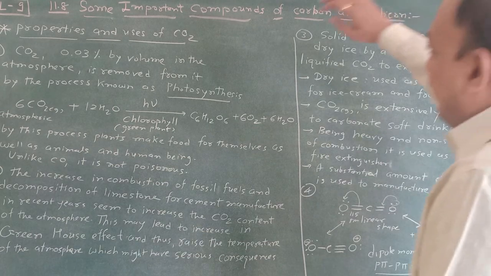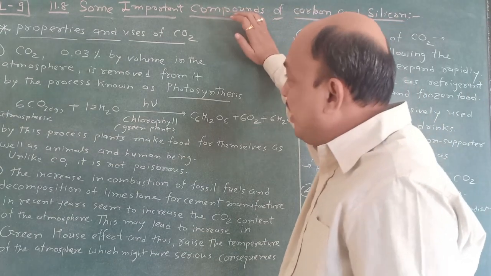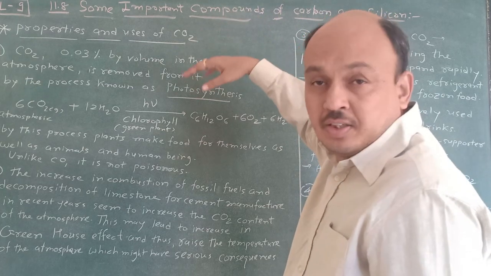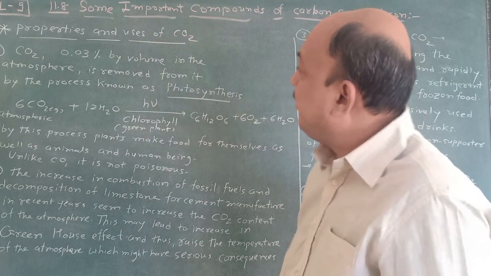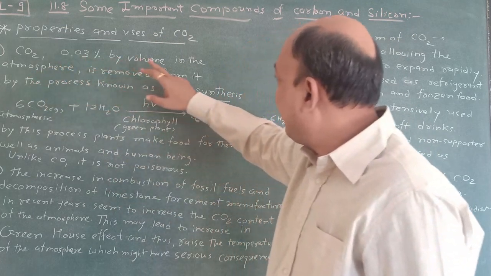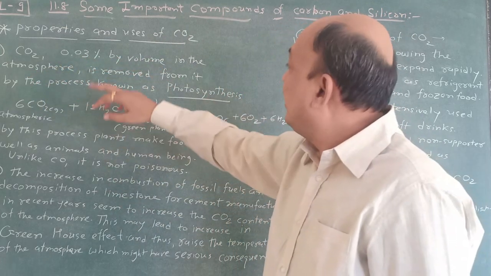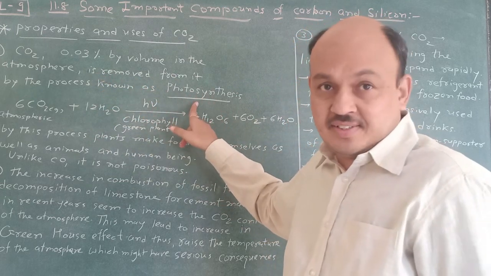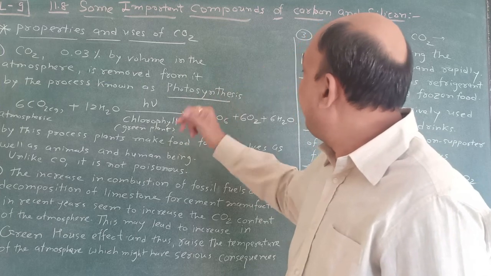Now, properties and uses of carbon dioxide continued. For our convenience, we divide it. First, CO2, which is 0.03% by volume in the atmosphere, is removed from it by the process known as photosynthesis. So this is very important.